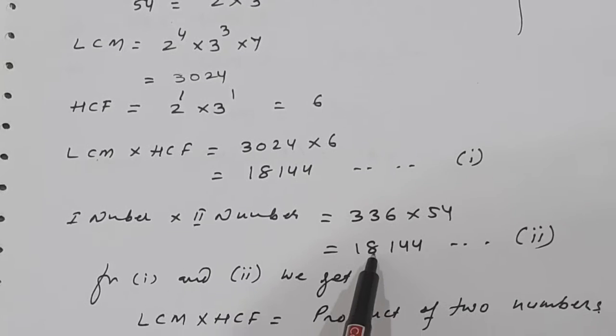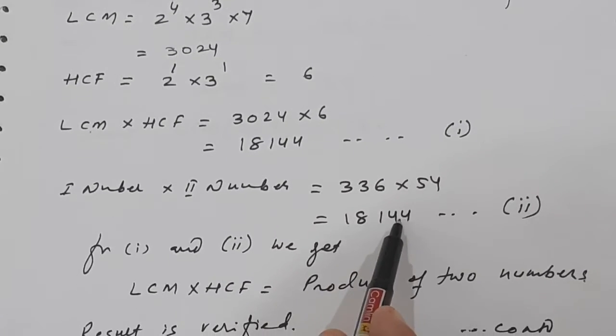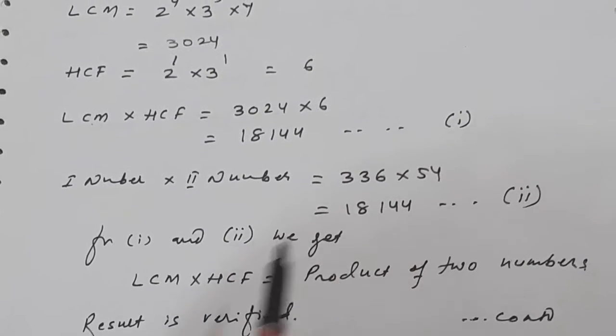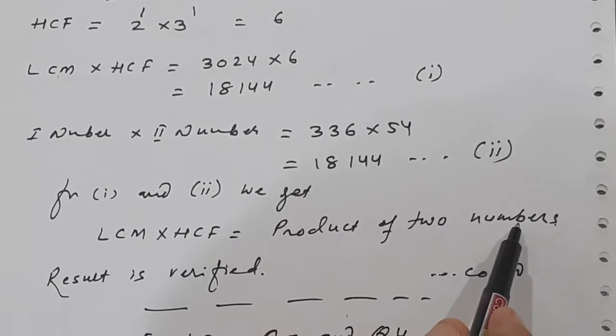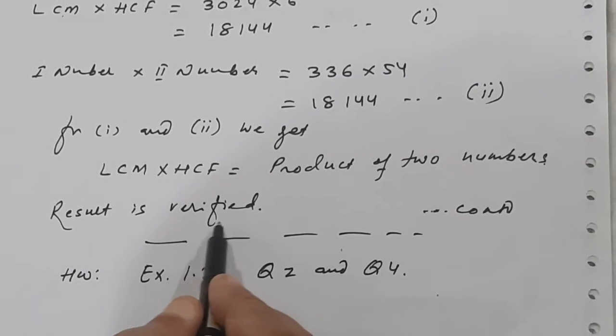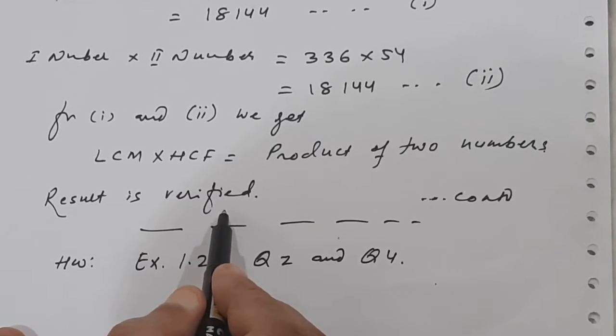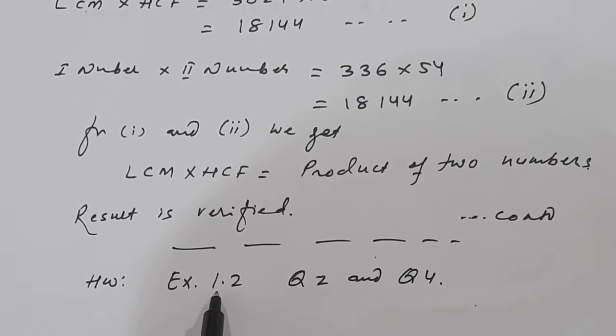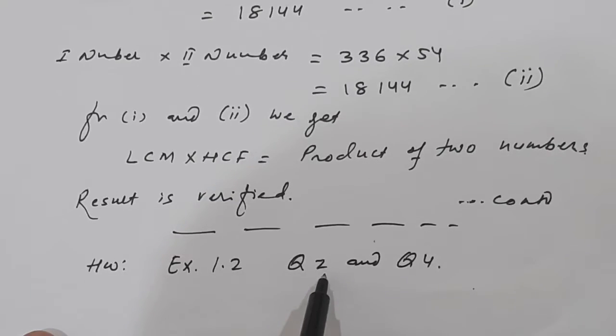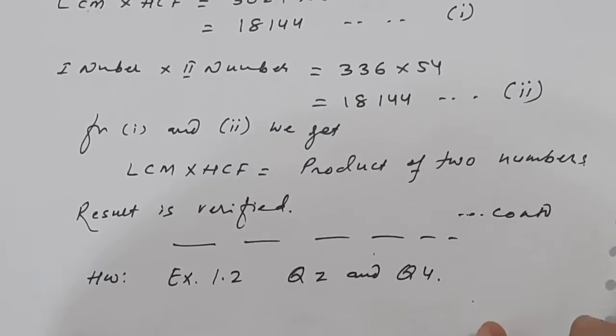Again we get 18,144. This shows that LCM into HCF is equal to the product of two numbers. Hence the result is verified. Now homework for these two examples: exercise 1.2, question number 2 and question number 4.